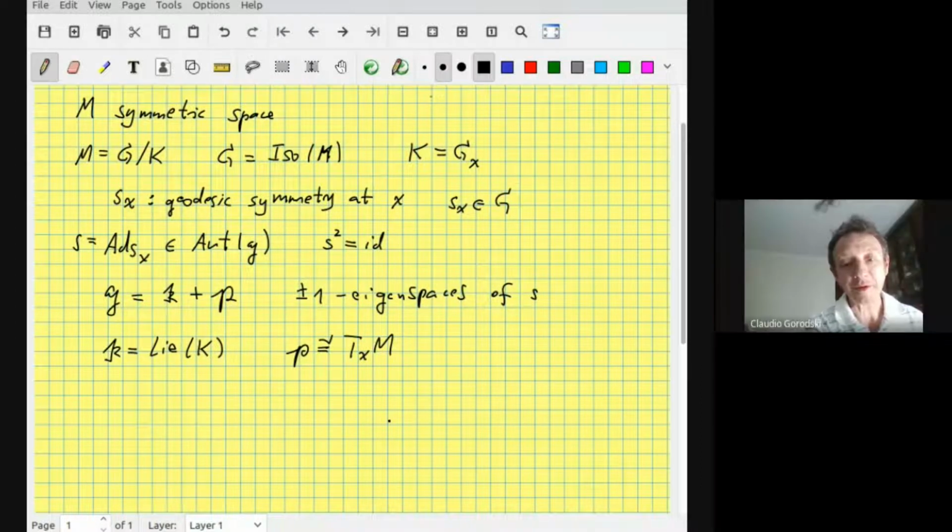And moreover, we can say that this K is a compact Lie group because it's an isotropy group, right? And in fact, the linear isotropy representation of K on the tangent space preserves the inner product here.